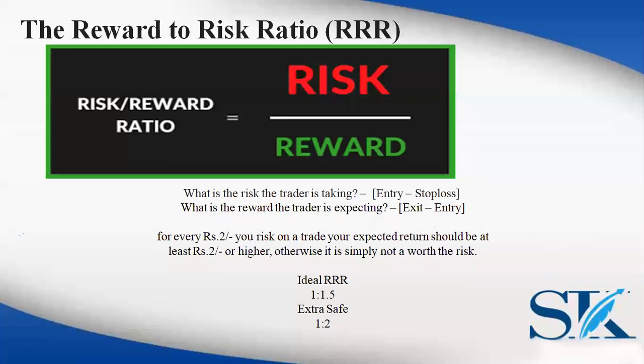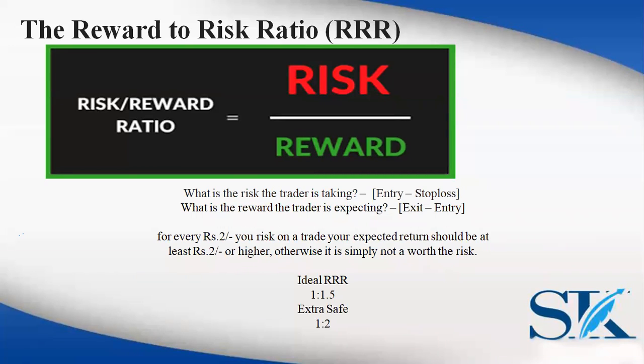So for 4 rupees of profit, I am risking 2 rupees. So my risk is 2 upon reward, which is 4. So my ratio is 1:2. This is how you calculate risk reward ratio.